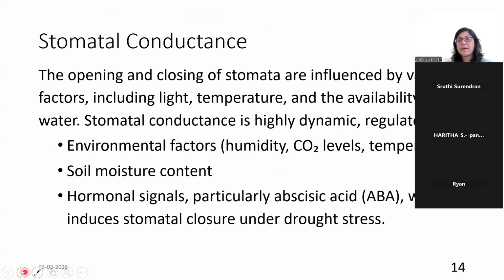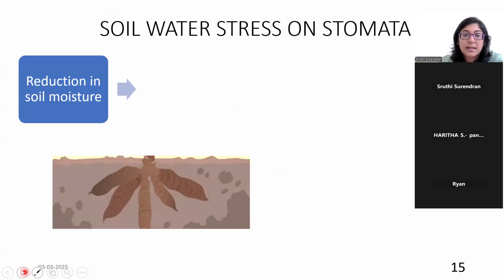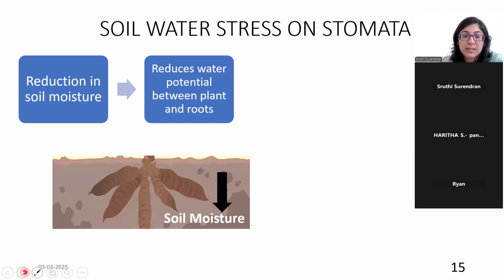The next parameter that is impacted: now we looked at how the environmental factors are impacting stomatal conductance, and how stomatal conductance can be obtained if we have the environmental parameters. Now stomata is also affected by the amount of water in the soil. This is called the soil moisture content. If soil moisture content is less, then the water potential between the plant and the roots will also reduce.